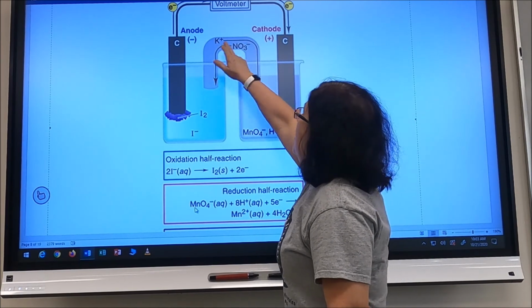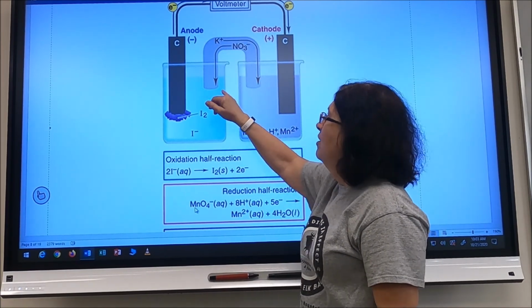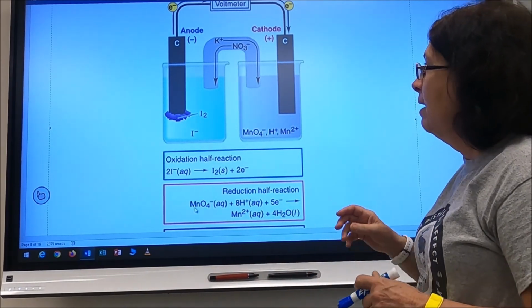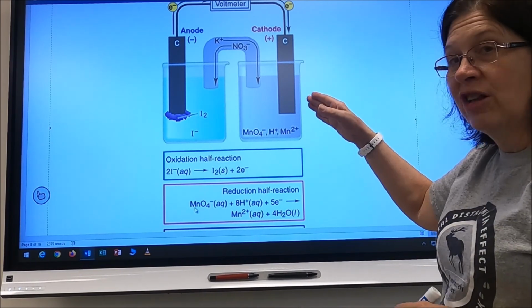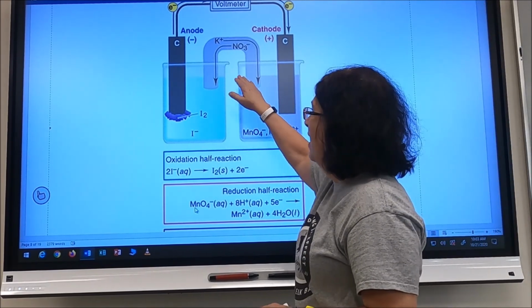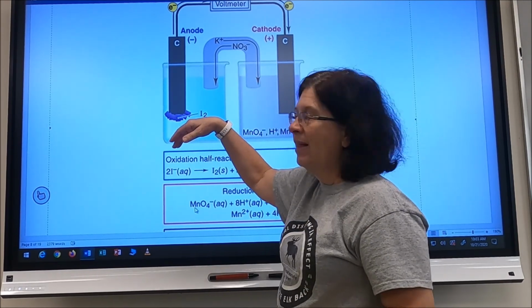Now, I want you to look up here at the salt bridge. Potassium nitrate is in the salt bridge. You can actually take a glass tube, put a salty jello in there that has potassium and nitrate ions in it, and it would work as a salt bridge and the jello won't come spilling out.